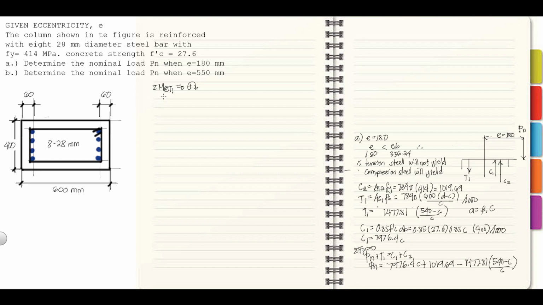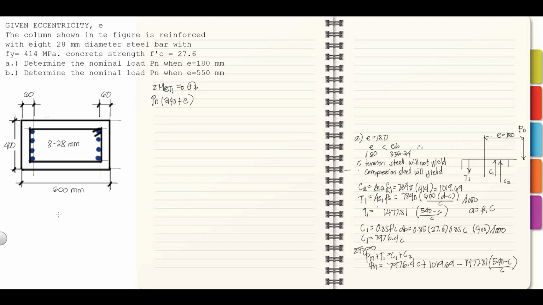Okay, so we will have the value PN times 240. Tama ba? Yung ginamit natin sa E-balance, 240, gitna yun, no? 300 minus 60 plus E. E is given. Take note. Yan yung magiging moment arm niya from T1, as you can see.